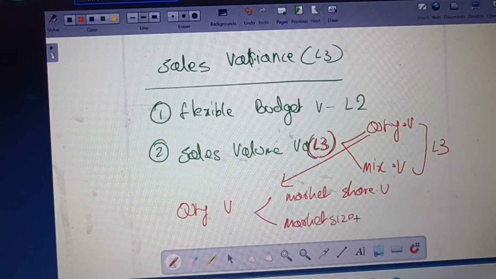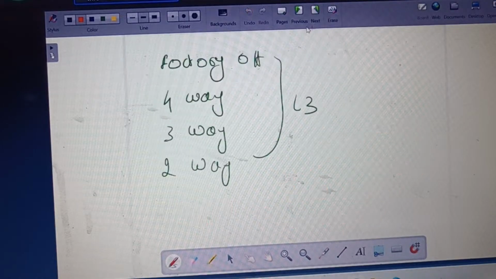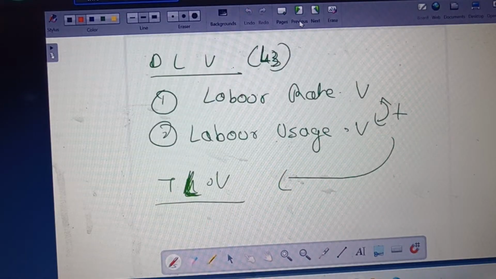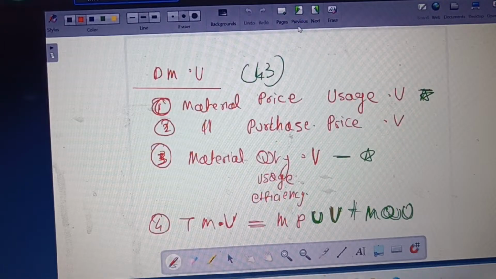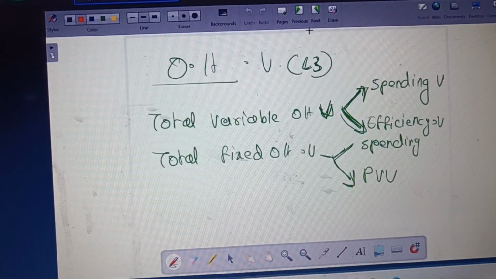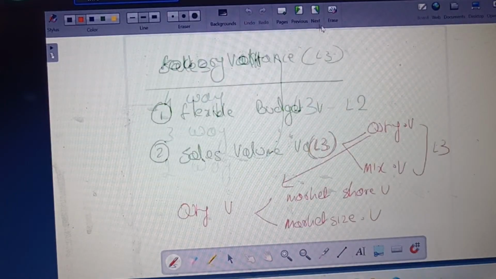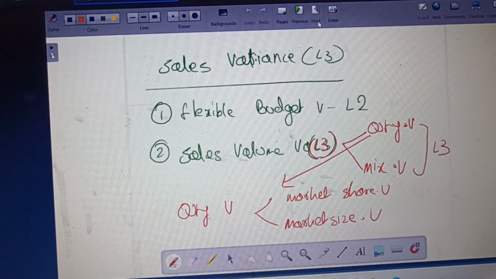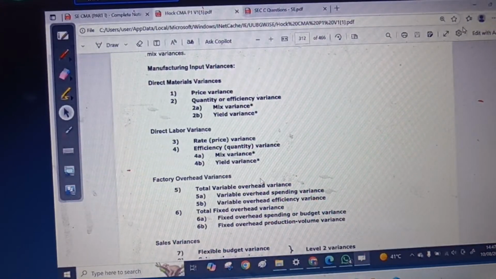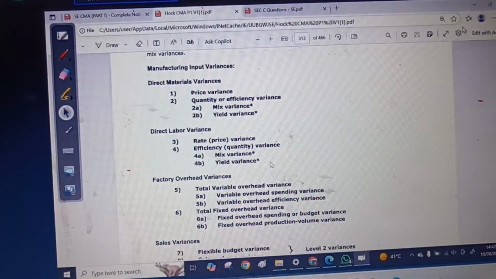So if you look at the data, it's a little bit lengthy, because we have direct material variance, direct labor variance, overhead variance, then 4-way, 3-way, 2-way, and sales variance. The formulas are a little lengthier, but in the questions you solve, you just have to substitute the figures.